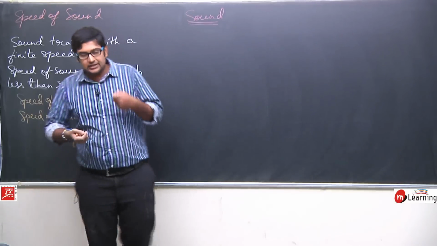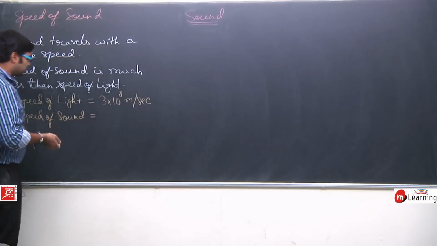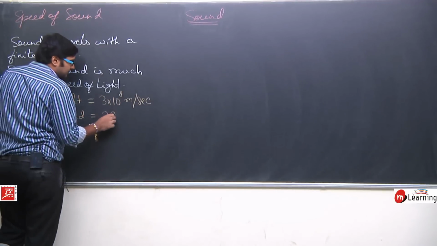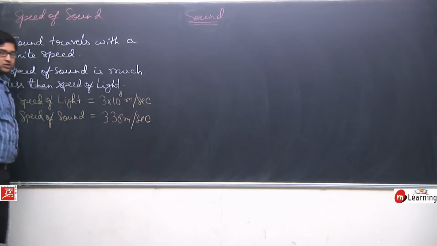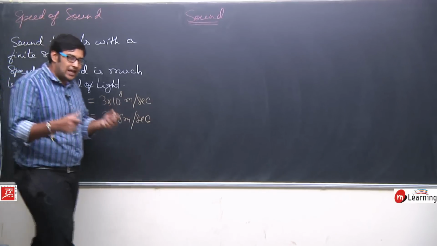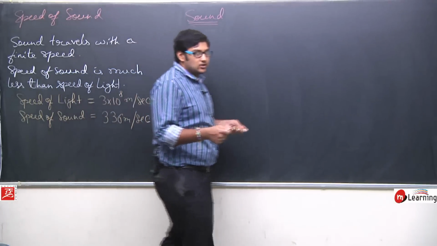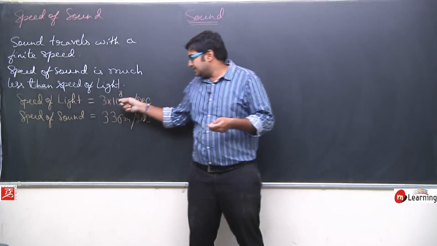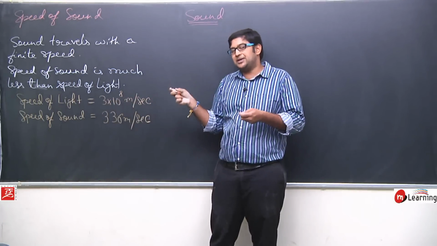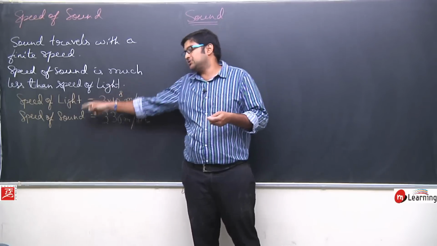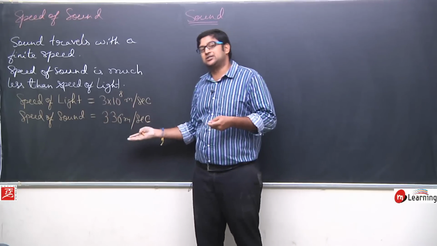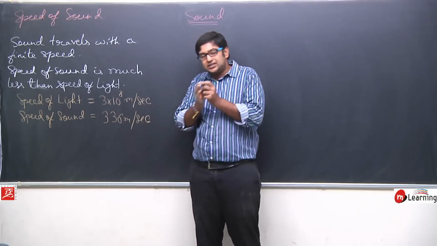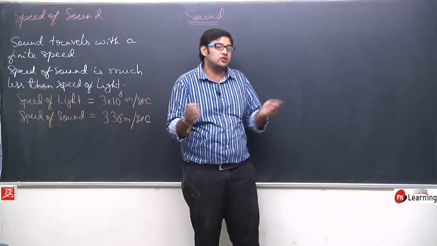So in that air, in that atmosphere, the speed of sound is generally 336 meters per second. So just compare the speed of light and the speed of sound. You can see 3 and then 8 zeros, this is the speed of light in meters per second, and the speed of sound is very, very less. There is a huge difference between the speed of the two.